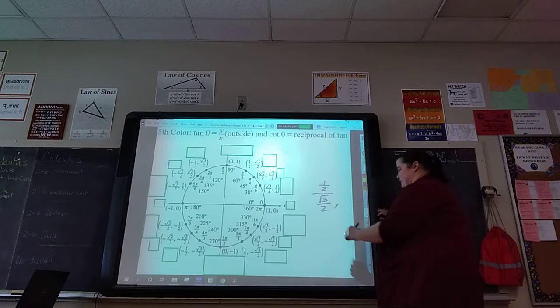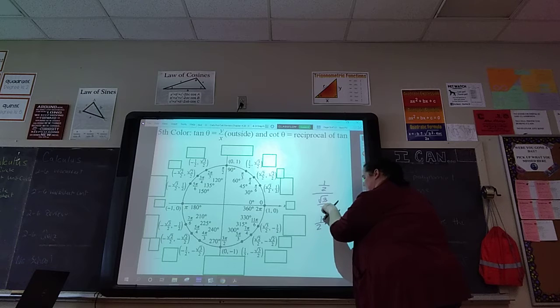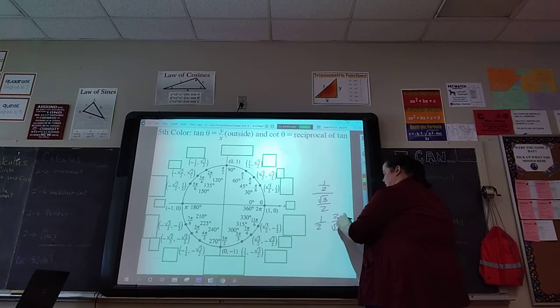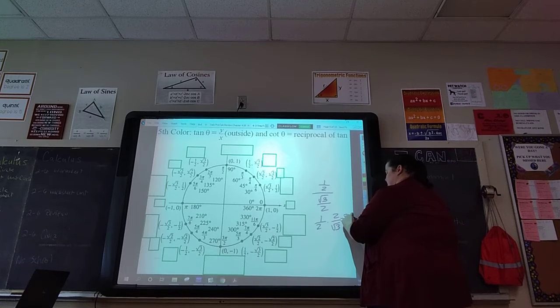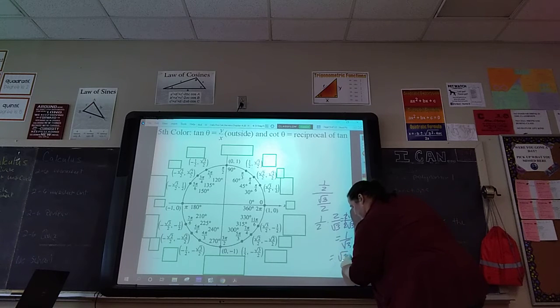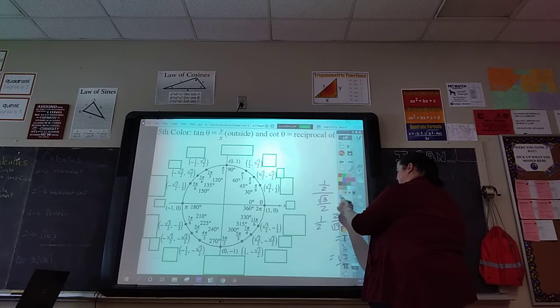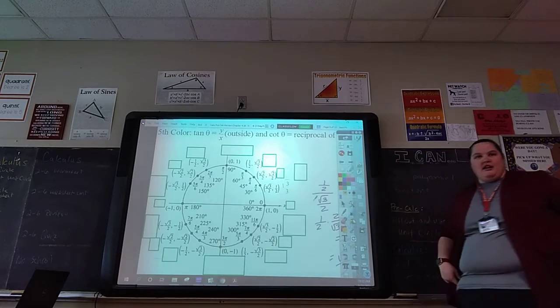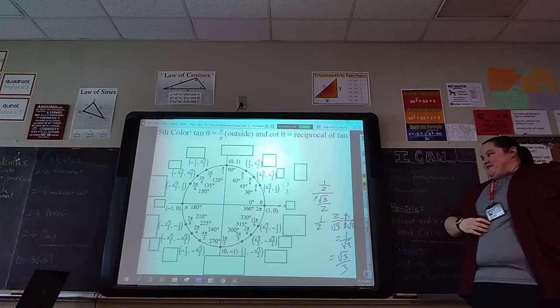Well, I have to multiply by the reciprocal. So it's 1/2 times the reciprocal of this, okay? Which when you multiply across is 2 over 2 square root of 3, which we can get rid of the 2's. So it's 1 over the square root of 3, which we don't like the square root on the bottom, so it's square root of 3 over 3. So that's why the tangent value of this is square root of 3 over 3. Okay? You don't have to do that every single time because I'm giving you those values.